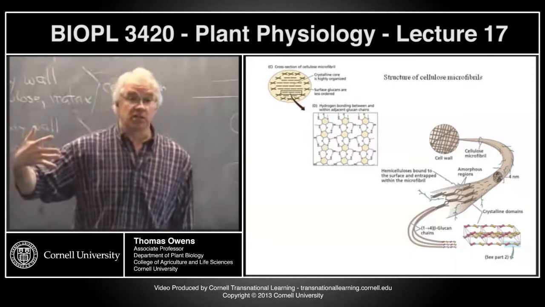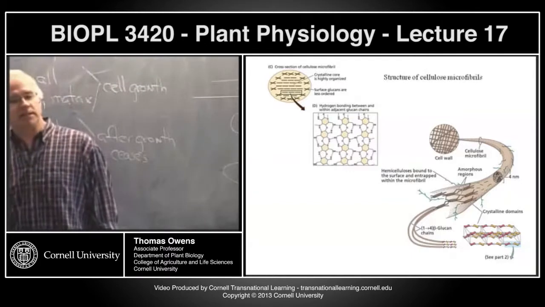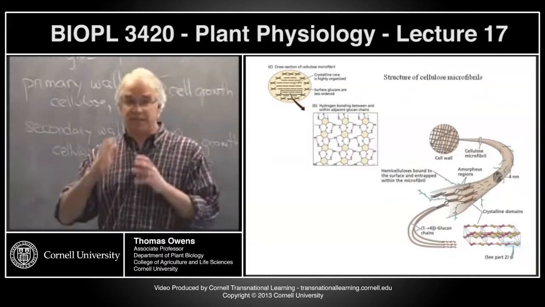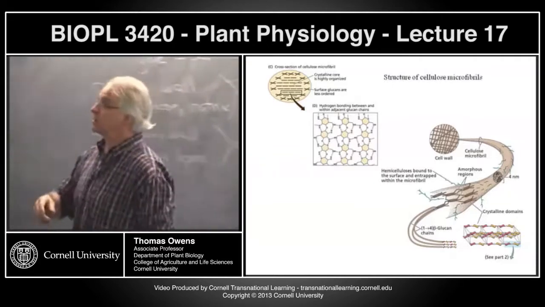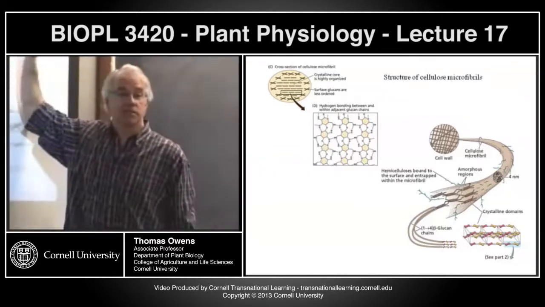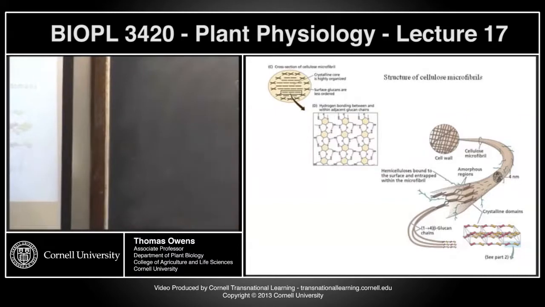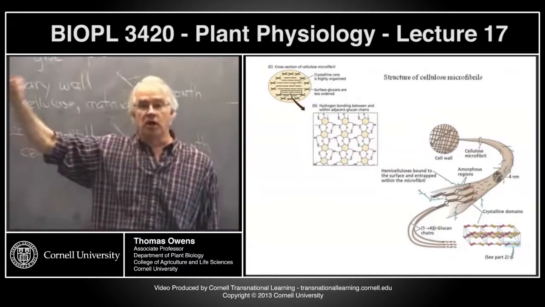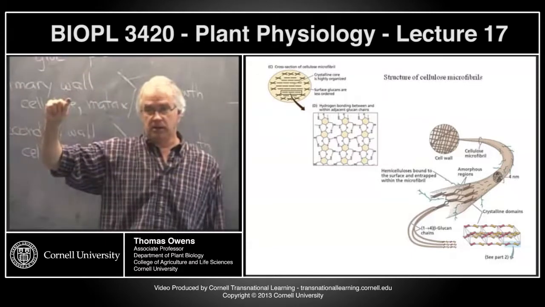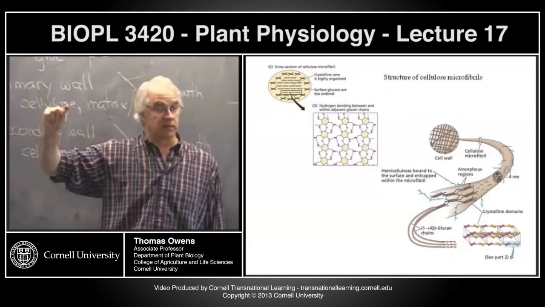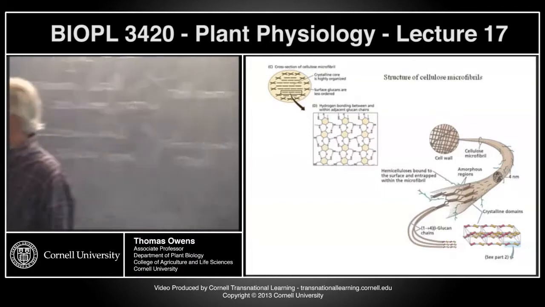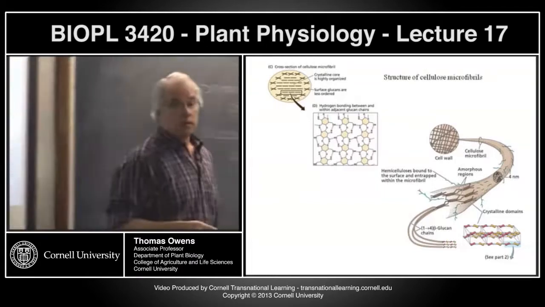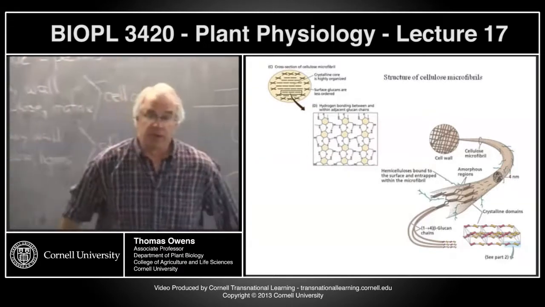Other regions are less organized, which basically means there are fewer regular hydrogen bonds, but there are still a lot of hydrogen bonds here. So what gives the cellulose microfibril its strength is not the covalent linkage along a single chain of glucose molecules, but the hydrogen bonding among 20, 40 to several hundred cellulose molecules that make up this microfibril.